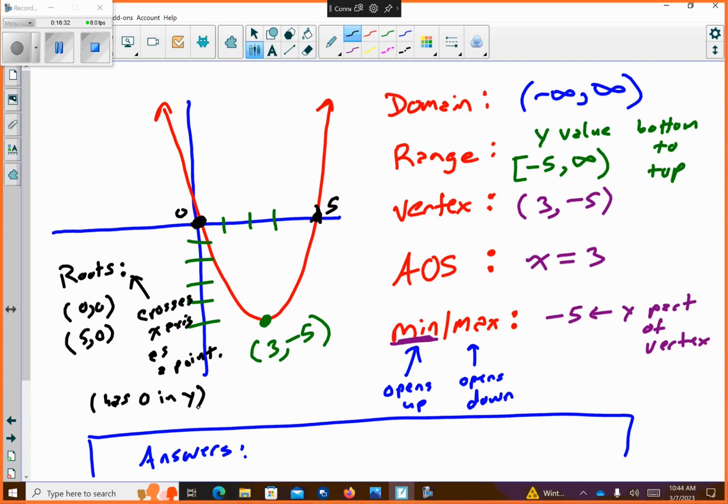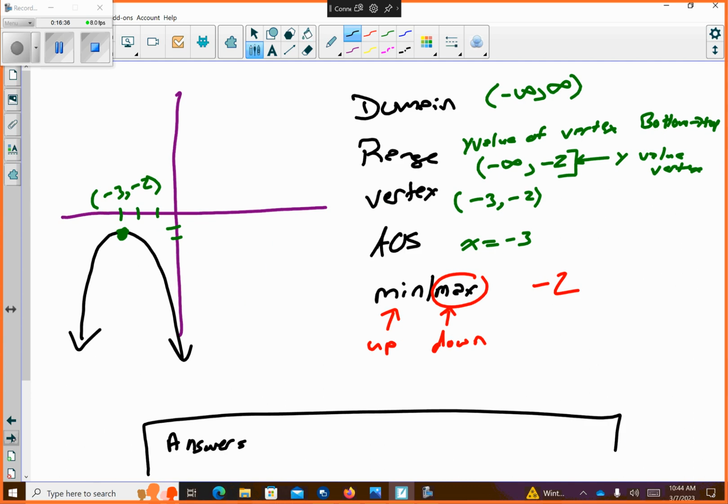So if we look at the second graph, do we have any roots in the second graph? No. So what are we going to put down? It doesn't cross the x-axis. So what do we put down?